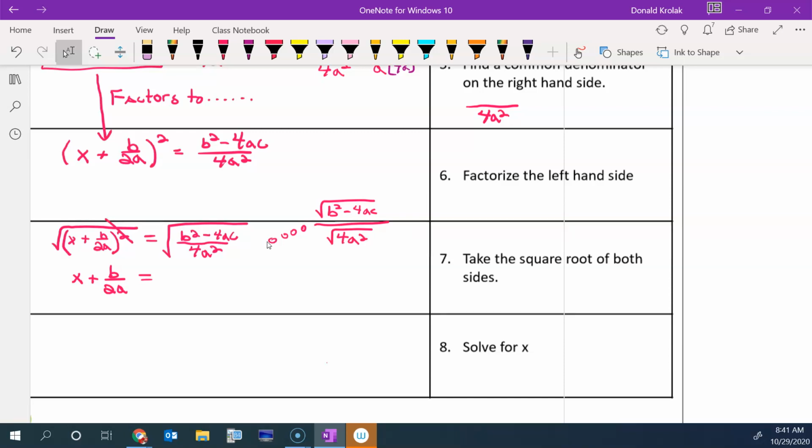The top I can't simplify, so it stays the way it is: the square root of b squared minus 4ac, divided by the square root of 4, which is 2, and the square root of a squared, which is a.